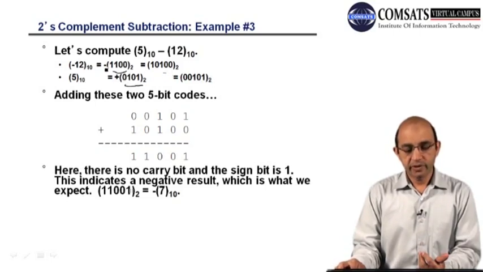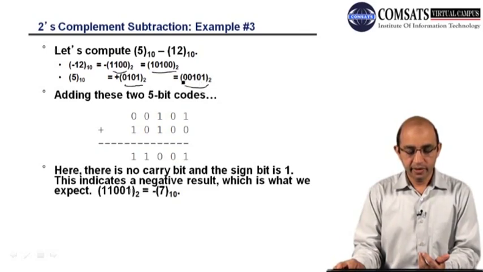Because this number is negative, we have to take the twos complement of that number so that the sign is absorbed by the twos complement, right? So this is the twos complement of minus 12, and this is the binary equivalent of 5.